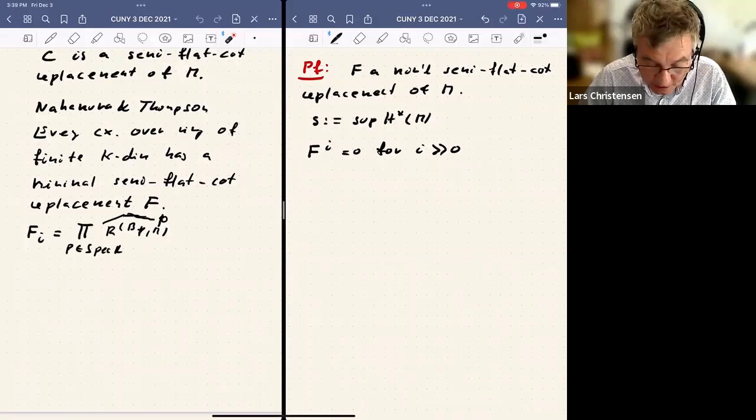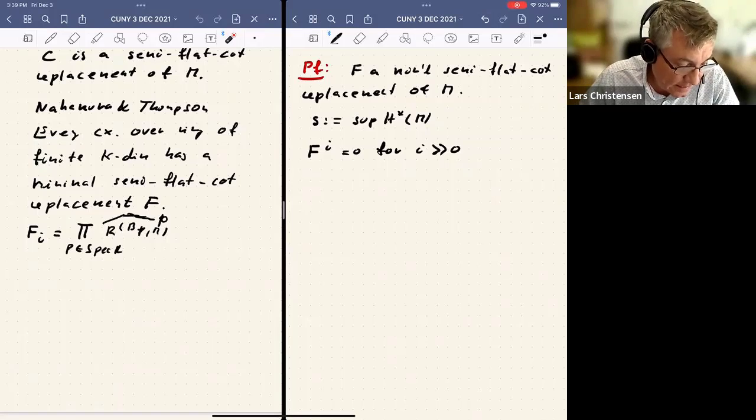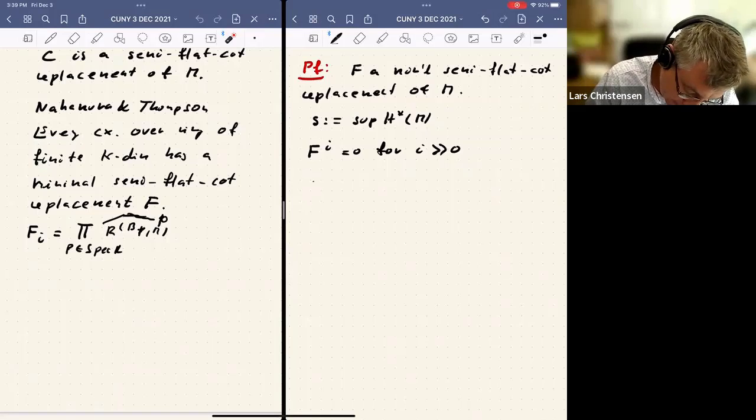It will not in general stop right at S, but it will extend for at most the dimension of the ring past it. And actually, what's even better, one can say what it looks like, because F is going to look like this.